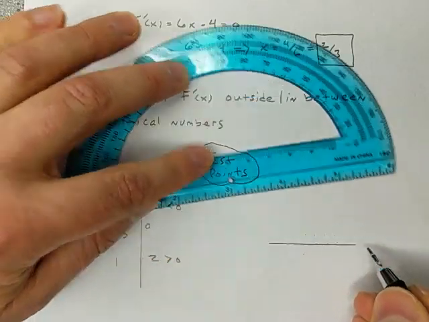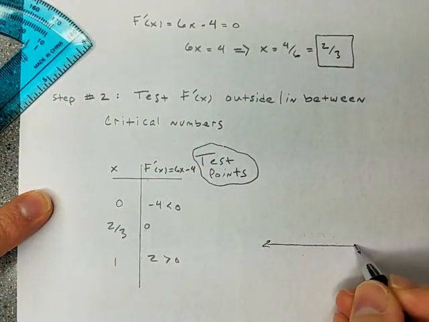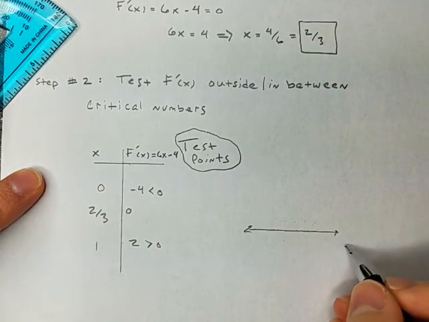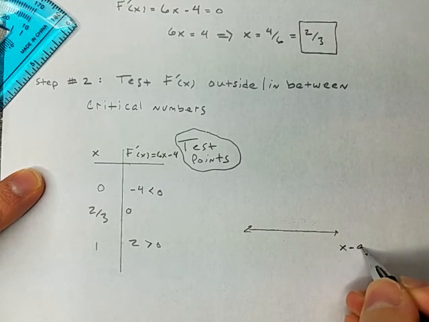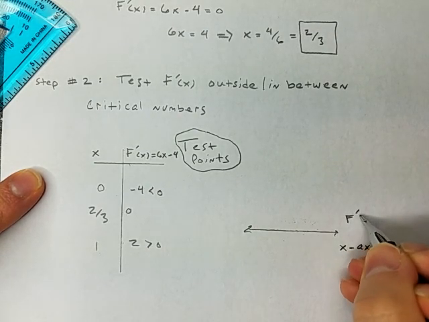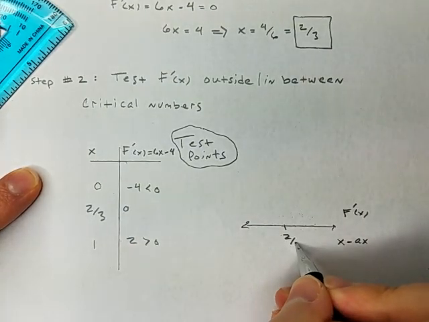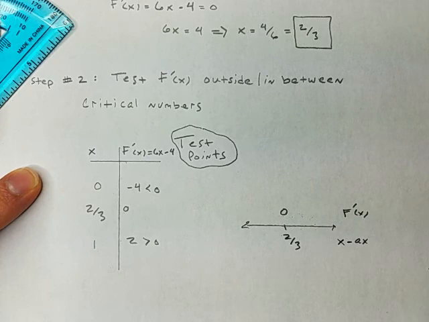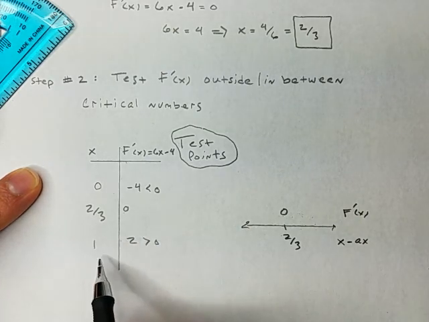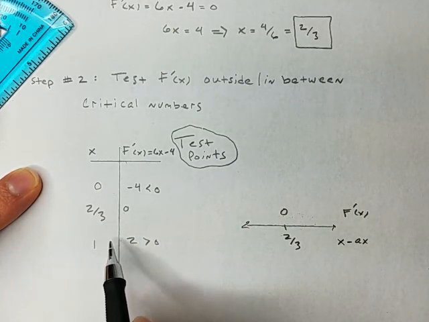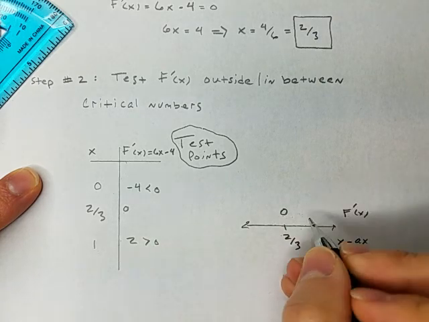So imagine that you were looking at a graph and you were describing what you saw. Here's the x-axis, and here's what the derivative does. At 2/3, the derivative is 0. More than 2/3, like this number right here, the derivative is positive.